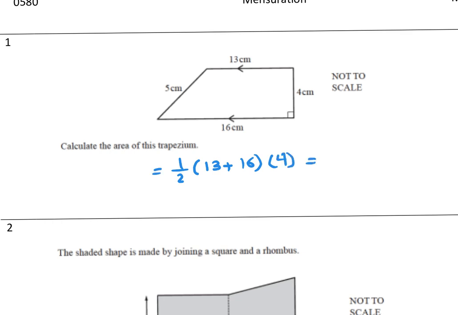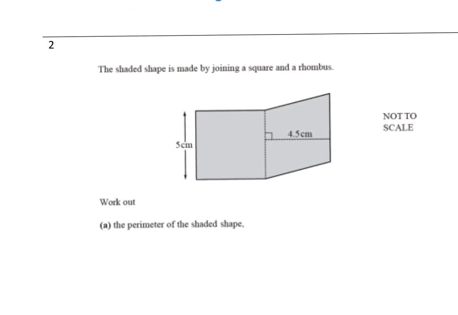This is how to find the area of a trapezium or trapezoid. Equals 13 plus 16, 29. 29 times 4 times half. So it's 58 centimeter square.